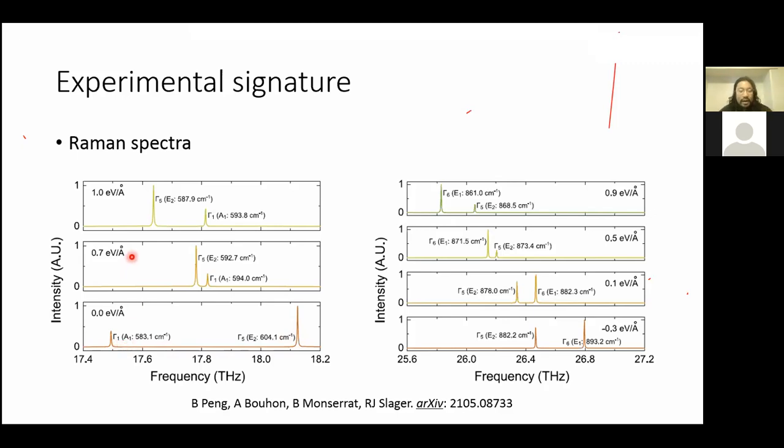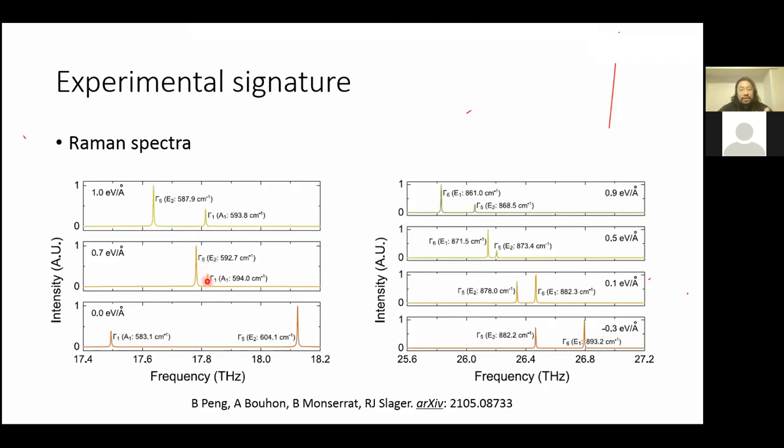And as we increase the electric field, we can see the high frequency peak with the large intensity becomes lower as it moves lower, while this lower intensity, low frequency mode will move upward.